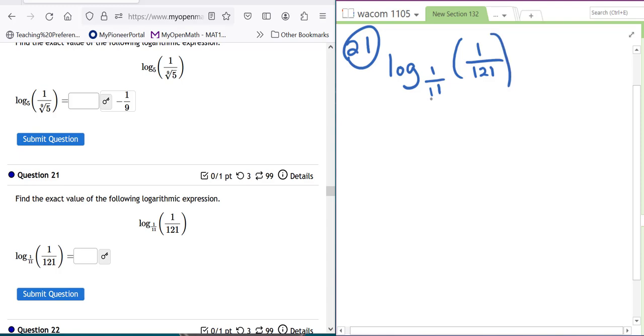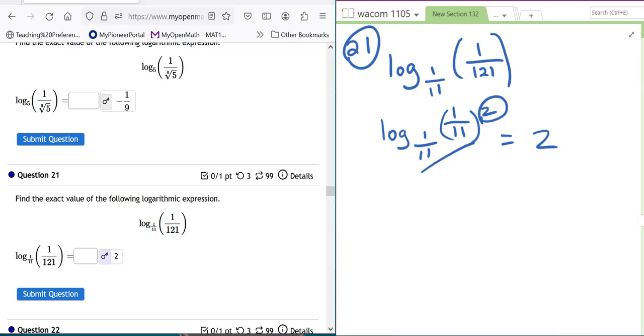I want to make this look like this. Right? It almost does. If this is this squared. All right, so I just have to make this match this, and then it will fit my rule. This is this squared. So it's going to be 2. That's a weird one.